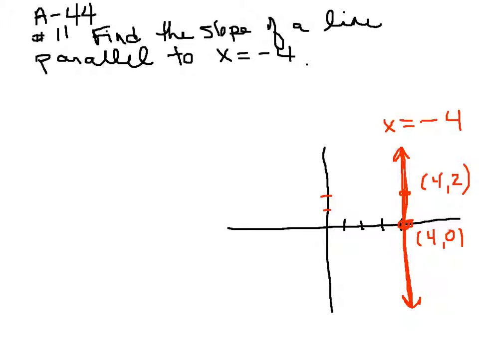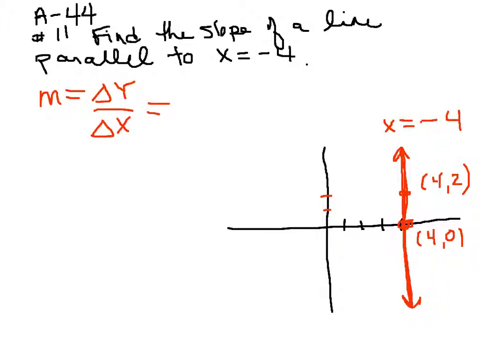So in order to know if lines are parallel, I need to know their slope. So if I'm looking at this line here, I chose 2 points on the line, and I'm going to go ahead and find the slope. So my slope is equal to the change in y over the change in x.